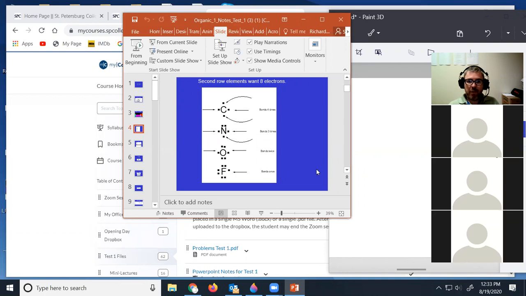So at the very core of organic chemistry, we're going to have carbon needing 4 bonds because it's in group 4. It needs 4 electrons. Nitrogen needs 3 because it's in group 5. Oxygen needs 2 because it's in group 6. And fluorine needs 1 because it's in group 7. Everything wants 8 electrons. So that's going to determine how many bonds each of these things has.